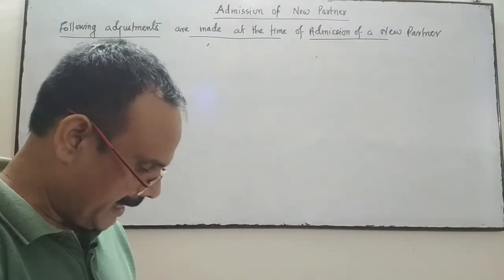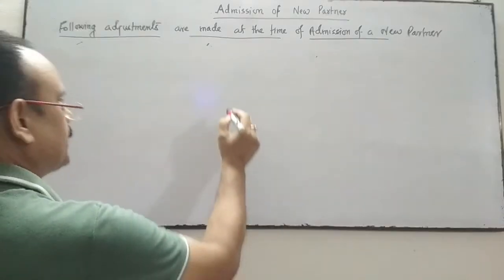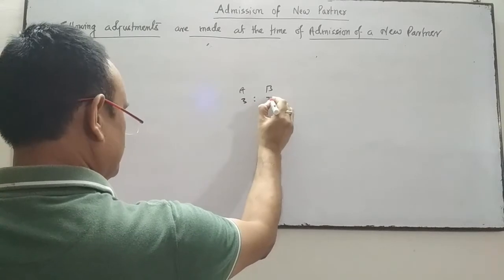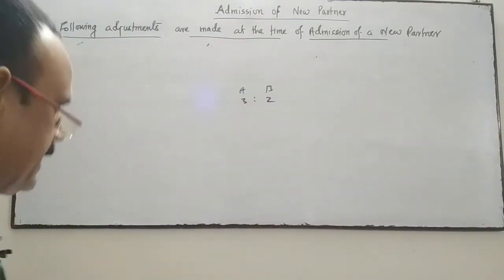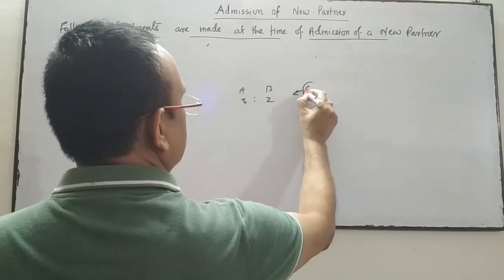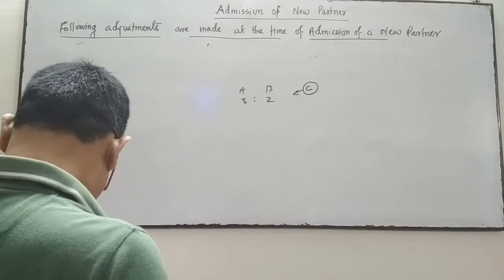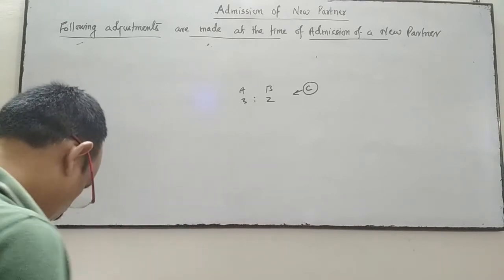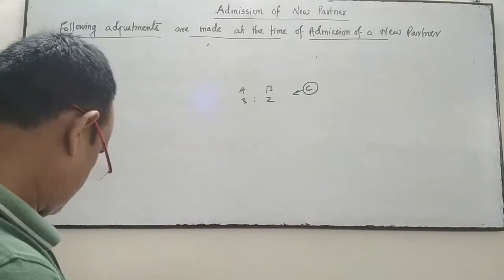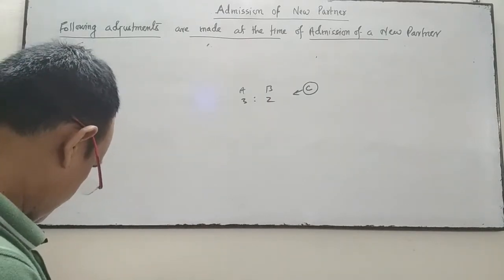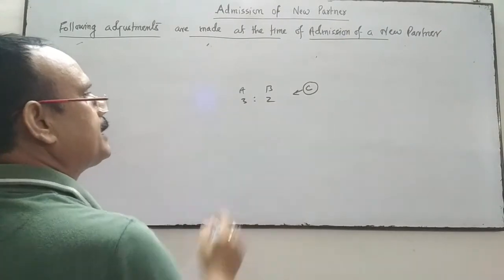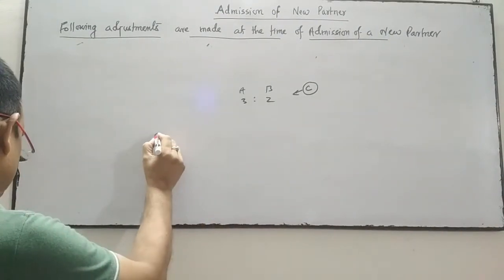Question once again: A and B are partners, sharing profit in the ratio 3:2. C is admitted as a new partner. A and B surrender 1/2 of their share in favor of C. So we have to find out the sacrifice.